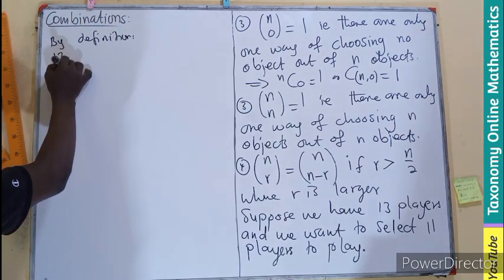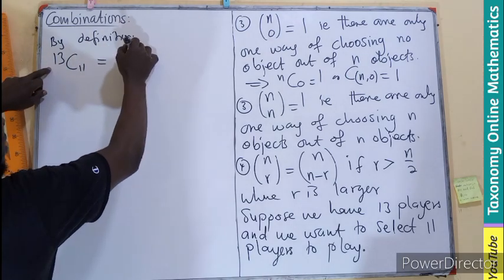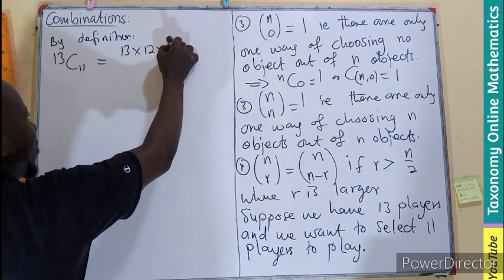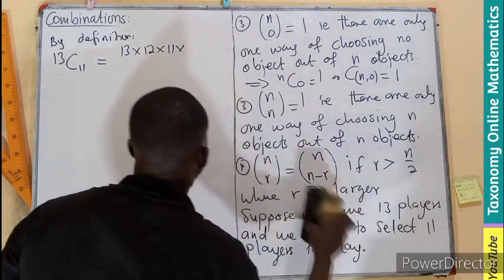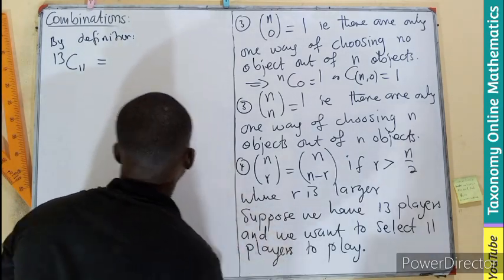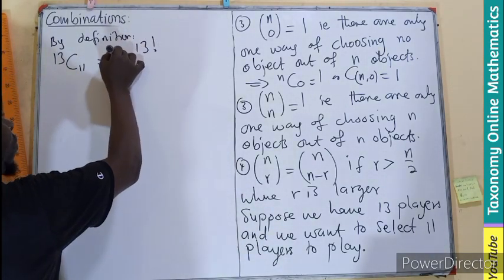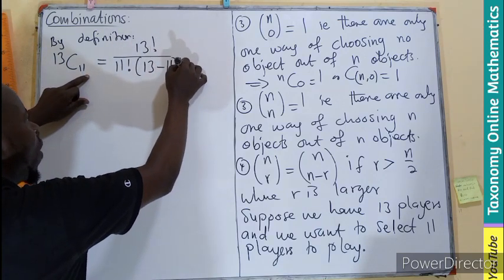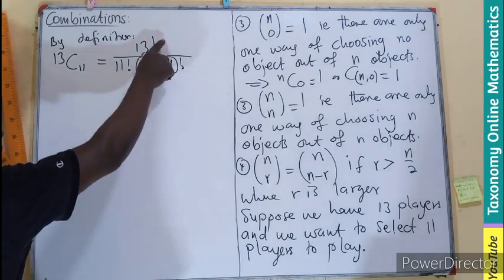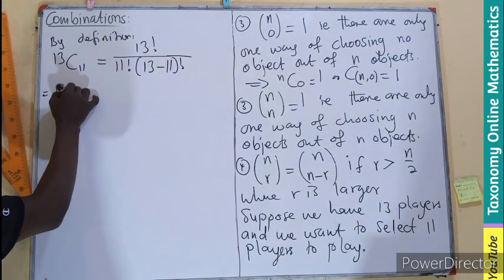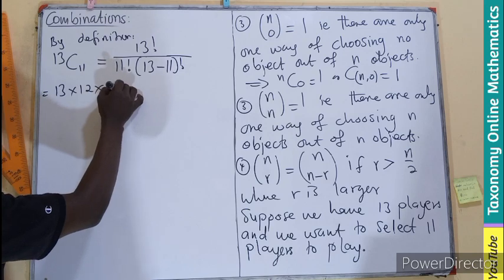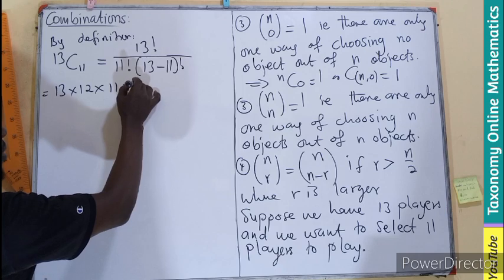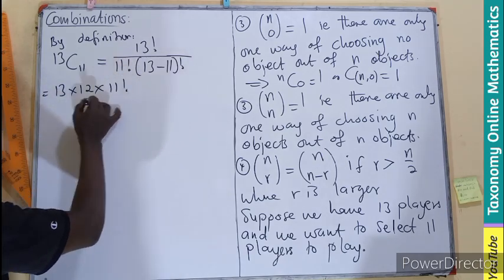I'm going to say 13 combination 11, which means 13 times 12 times 11. Let's just say we are going to have it as 13 factorial over 11 factorial, 13 minus 11 all factorial. You can see in the case of this, we should be having 13, 12, 11 factorial.